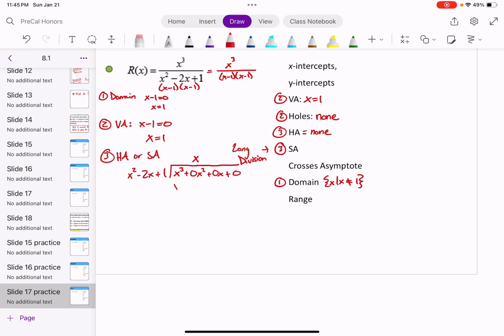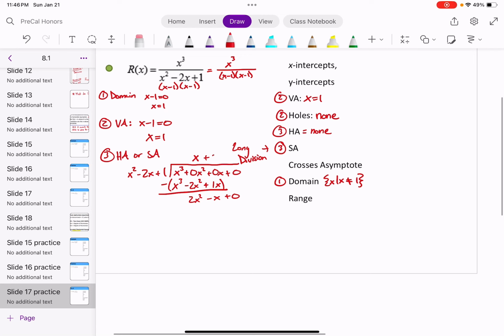Multiply that out, x to the third minus 2x plus 2x squared plus 1x. Now keep in mind, we are always going to subtract. And as we subtract, we're going to be left with 2x squared minus x plus 0.